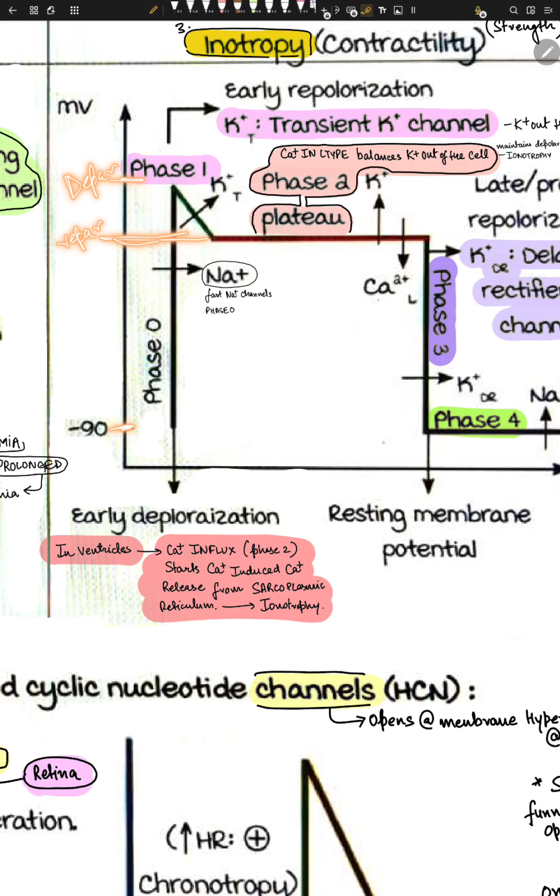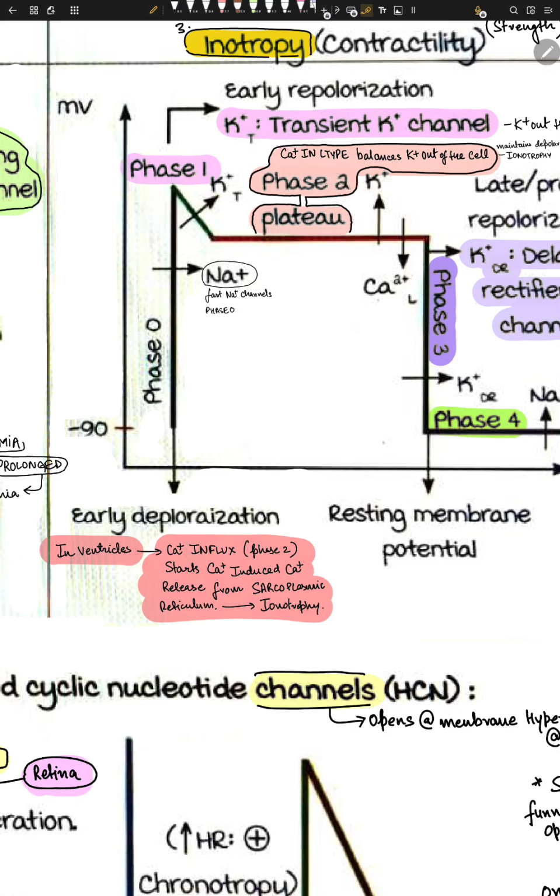So the cell stays at this repolarized state for quite a long time. And why does the cell stay here? Because we have two channels. L-type. L-type means long type, not transient. The opposite of transient is long type. So potassium goes out of the cell, and in the long type calcium channel, the calcium comes in and the potassium stays out, right?